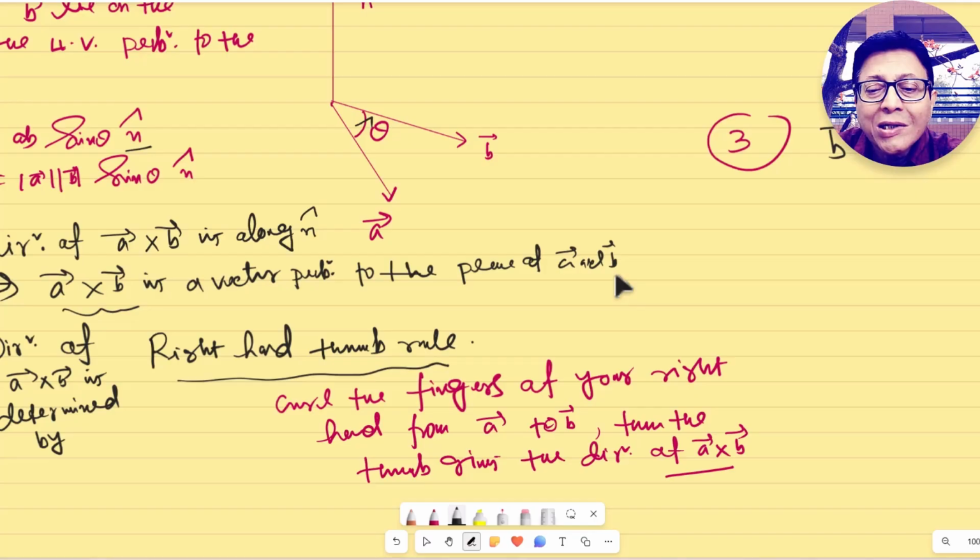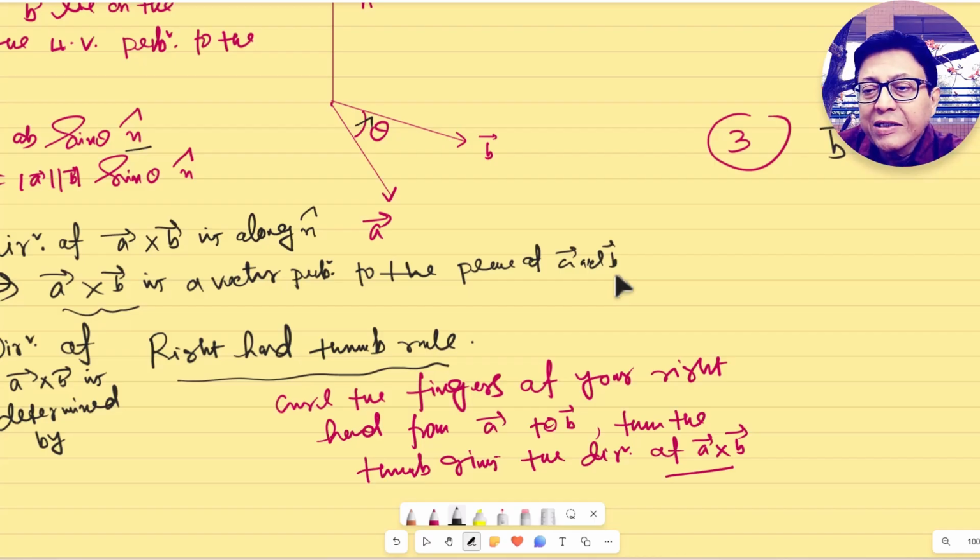So, what is the direction of B cross A? Just look at the diagram. If by using the right hand thumb rule, we want to find the direction of B cross A. This is in what direction?